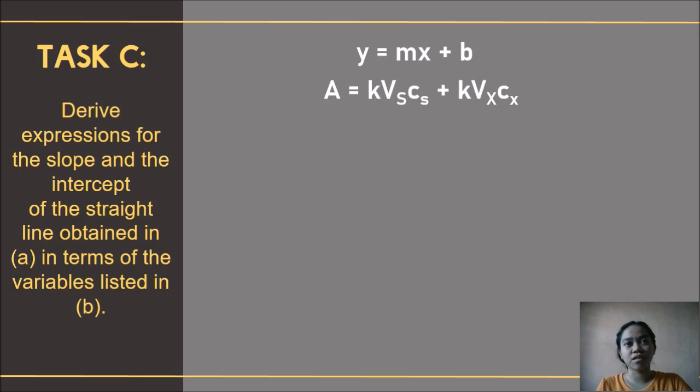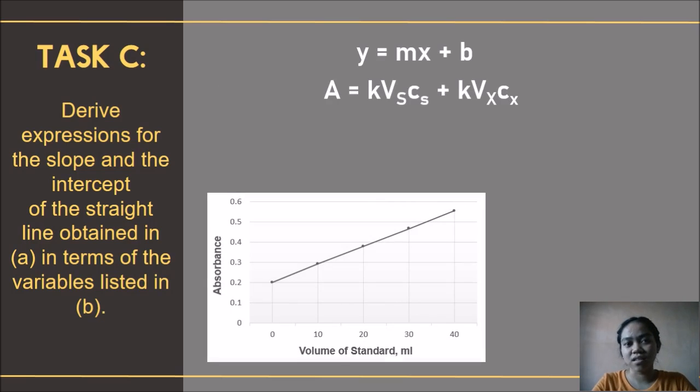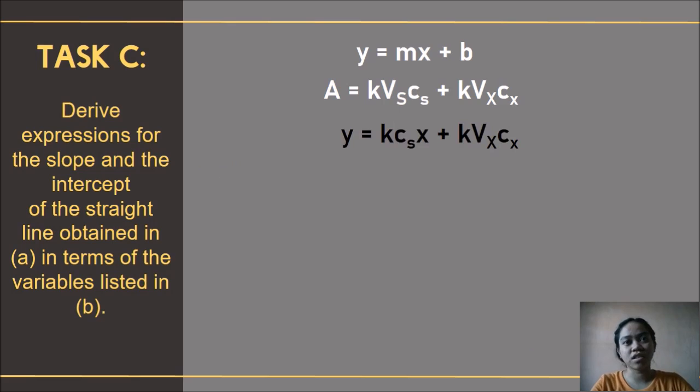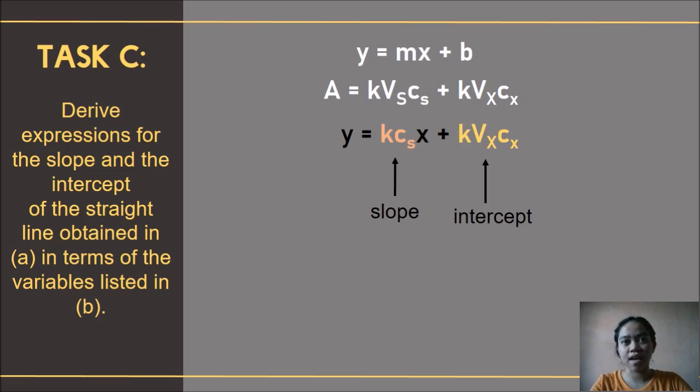We know that the volume of standard is the x-axis and the absorbance is the y-axis. Therefore, the absorbance is the y and the volume of the standard is the x. So it is clear that in this equation, K times CS, the concentration of standard, is the slope, and this whole term is the intercept. And that's the answer for the third question.